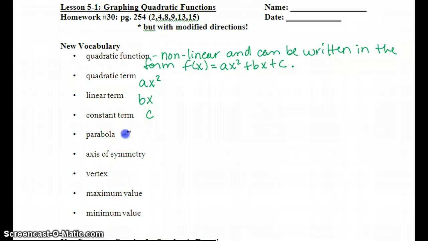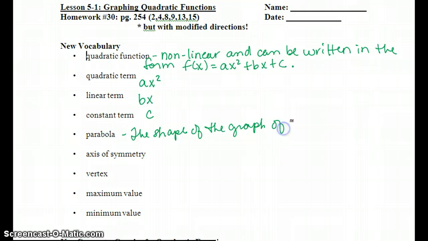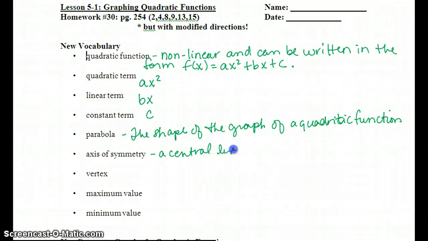A parabola is the shape of the graph of a quadratic function. The axis of symmetry is a central line about which a parabola has symmetry.